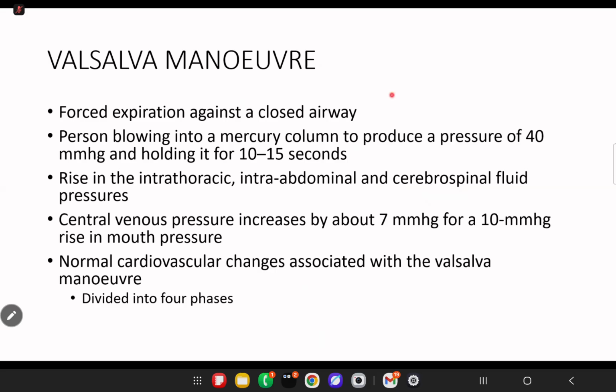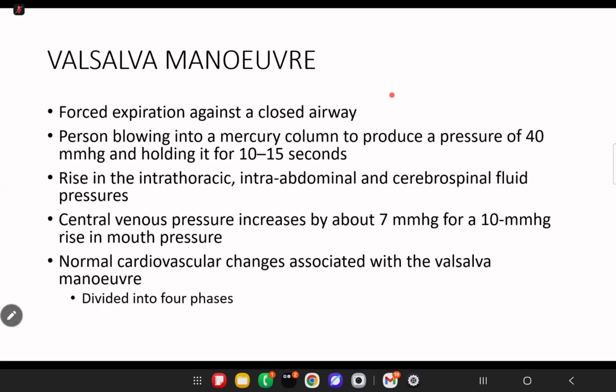When you blow out and hold it, you increase your intrathoracic, intra-abdominal, and intracranial pressures. Your CVP rises about 7 millimeters of mercury for every 10 millimeter rise in your mouth pressure.